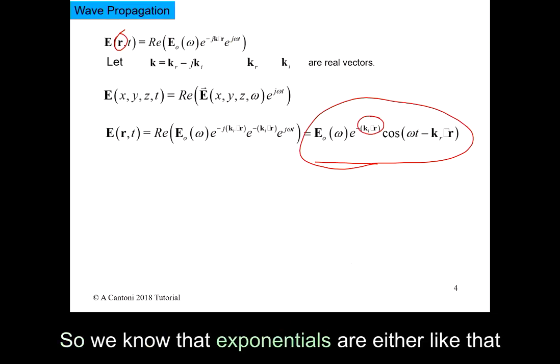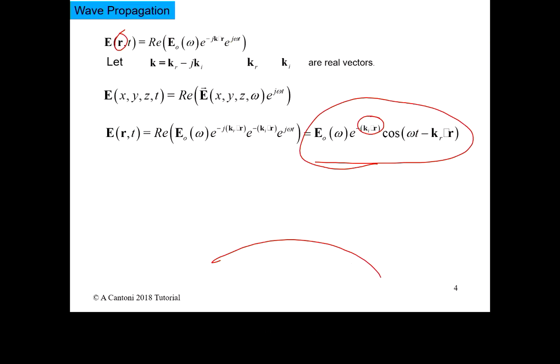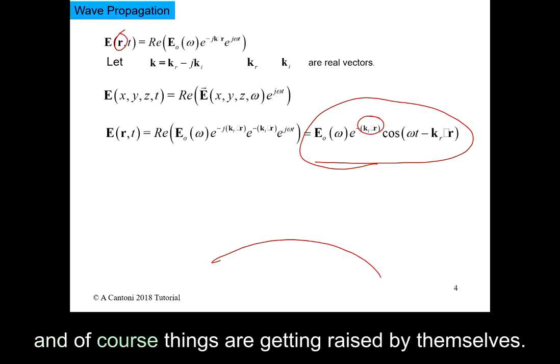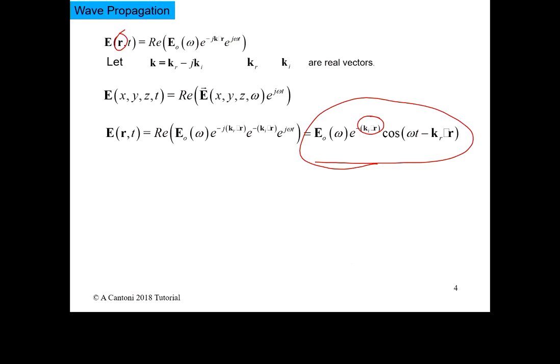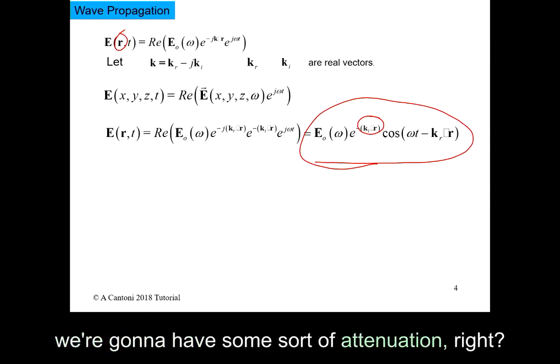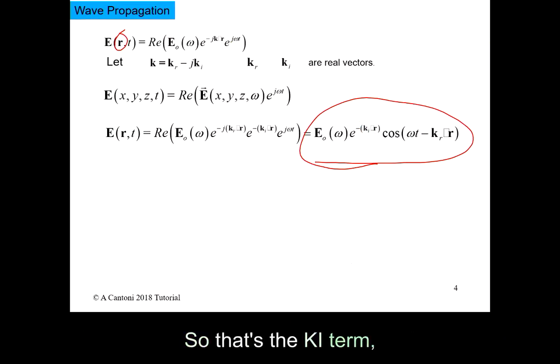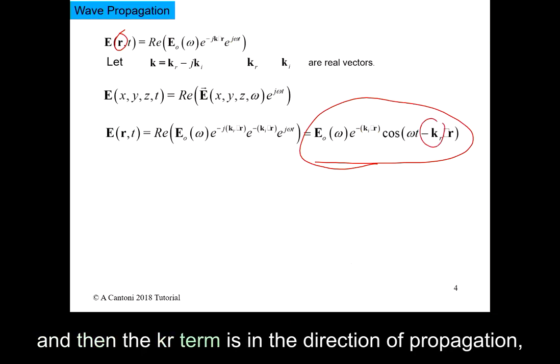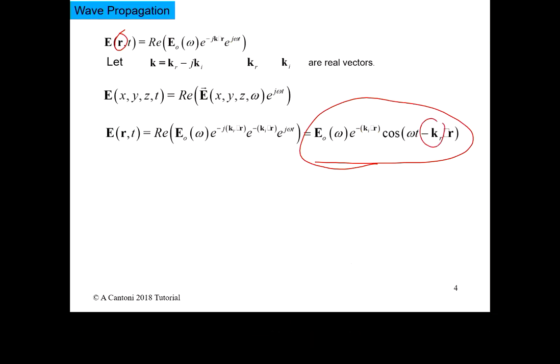We know that exponentials are either rising or falling, and so with this negative, we're going to have some sort of attenuation. That's the ki term, and the kr term is in the direction of propagation.